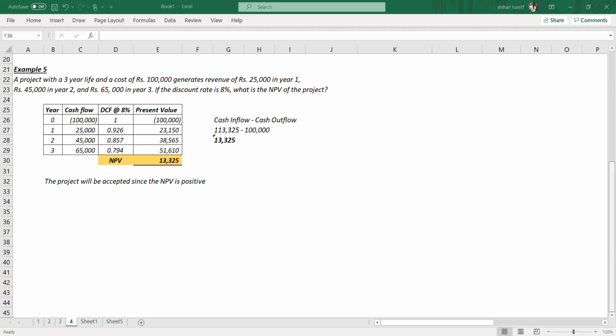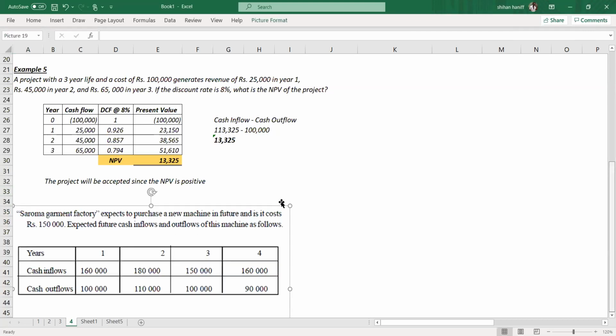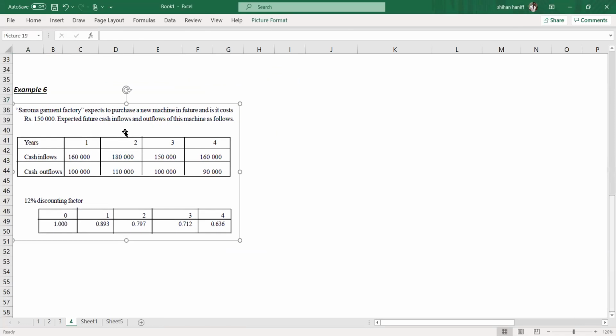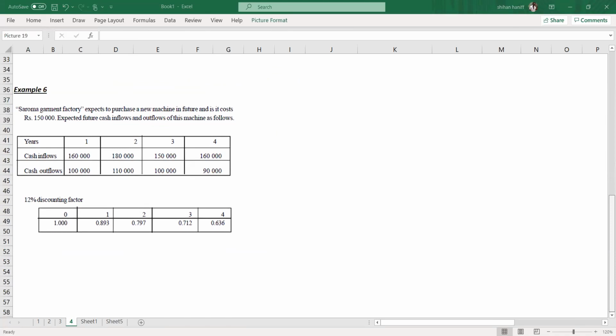Let's do one more question today. You have two machines, two investments, right? Example 6.